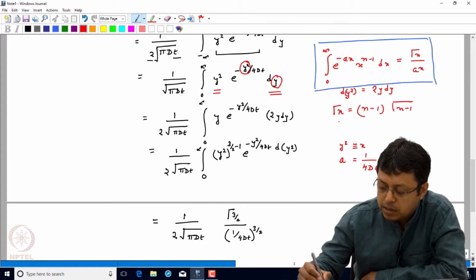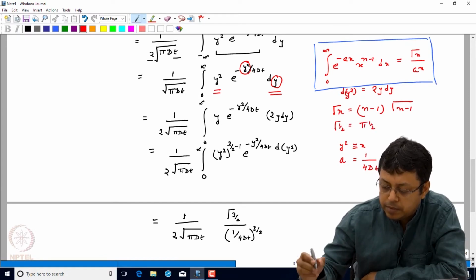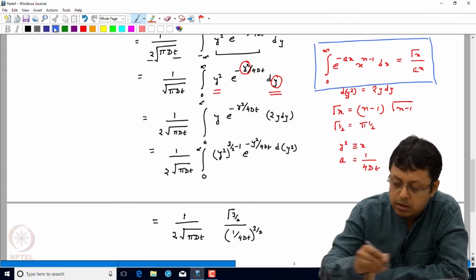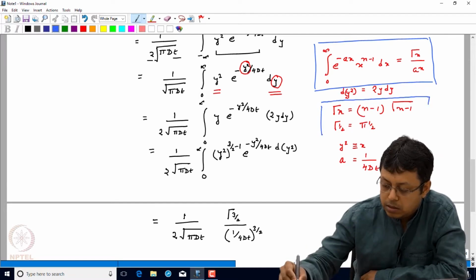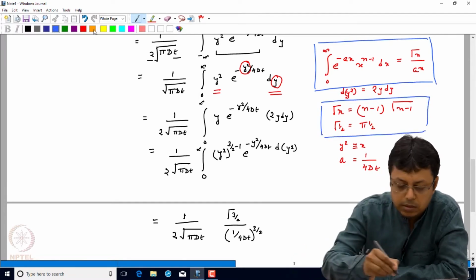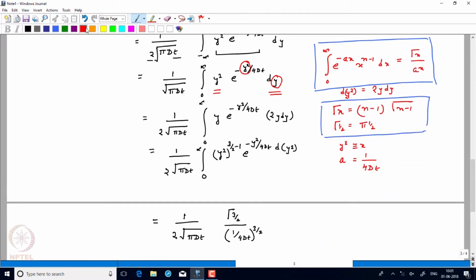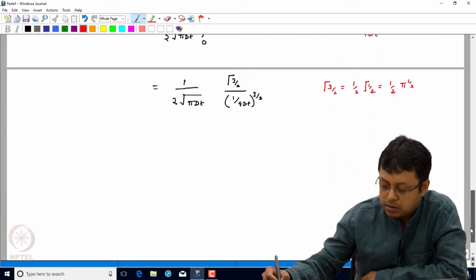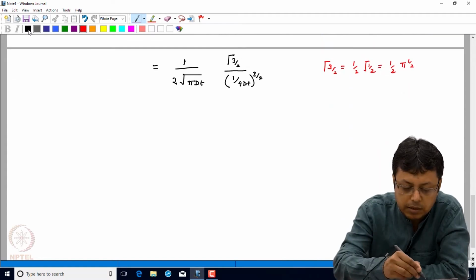That's how we have to proceed, and gamma half is basically root pi. So with the analogy we can show that gamma 3 by 2 is nothing but half gamma half, which is half into root pi. If you put these values, you can see what is the value of the integral.